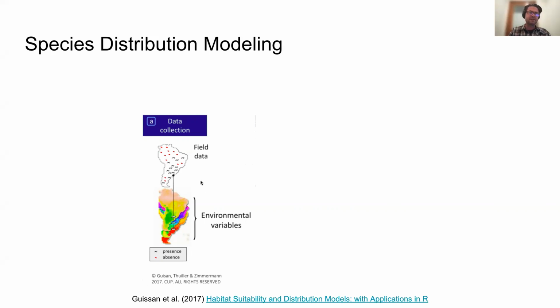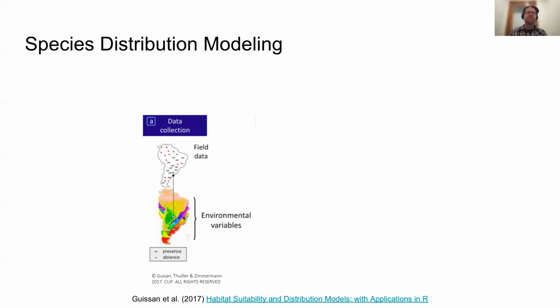This corresponds to the first lab, the Explore lab. There was presence, indicated by a little X, and absence, indicated by a little red dot. We also got an entire stack of environmental data, whether it was a marine species or a terrestrial species, and that's what we see here for South America.